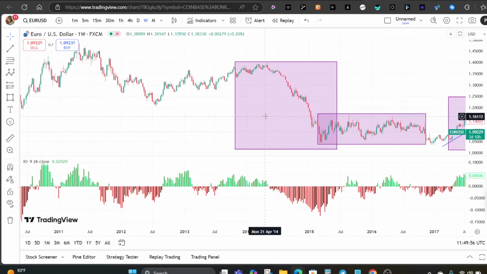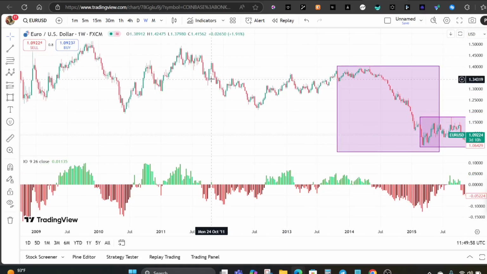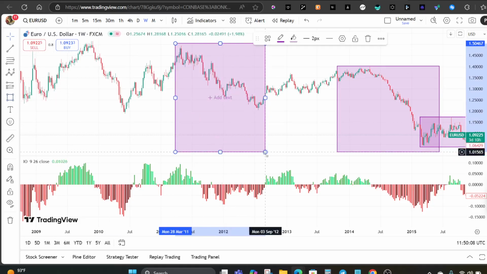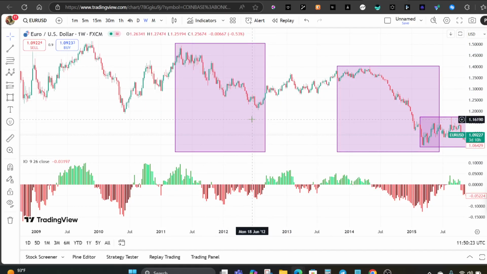You can see that we even had it happen here again when the oscillator was predominated by the red histogram bars below the zero level. Can you see that there was a prevalence of sellers around that period? We had a significant sell move around that period.